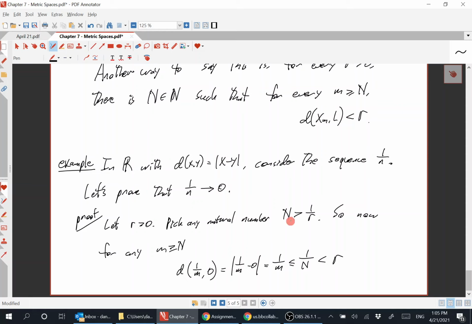And then 1 over n is less than r itself. So there's the formal proof that 1 over x goes to 0, as we've been thinking ever since you looked at the graph of the function 1 over x.